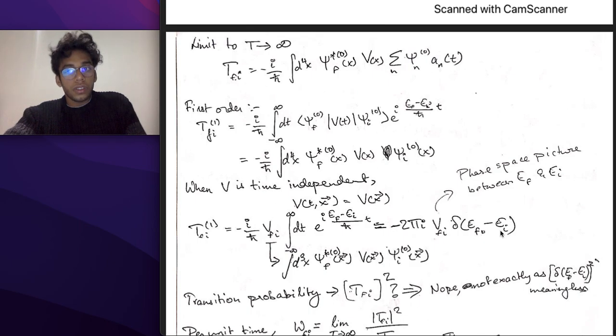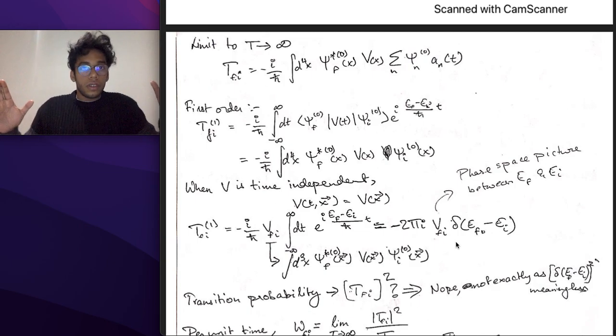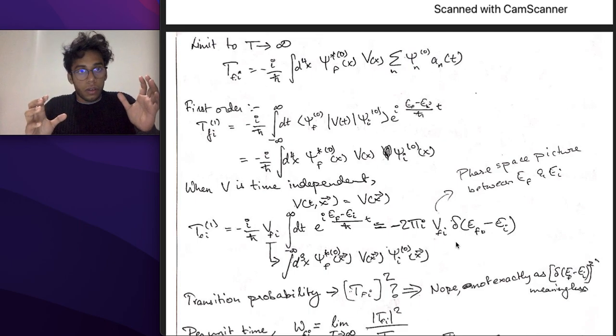So the closer the initial and final energies are, because your potential is instantaneous, you're going from the initial state to the final state in a very brief amount of time, compared to the infinite past and infinite futures that you're talking about.